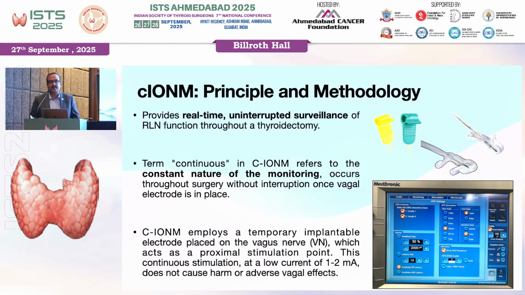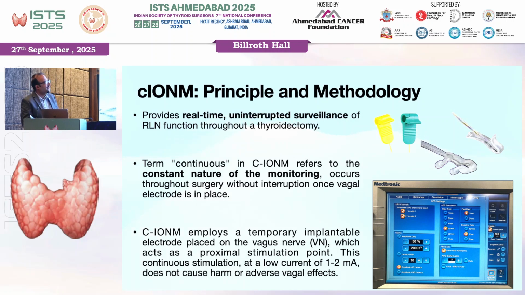Now, coming to principle and methodology, it is just a real-time, uninterrupted surveillance of the nerves, both vagus and recurrent laryngeal nerve, throughout the surgery. So continuous nerve monitoring basically means constant monitoring of the vagal RLN axis, and it employs an implantable stimulator on the vagus nerve. Different companies make different stimulators.